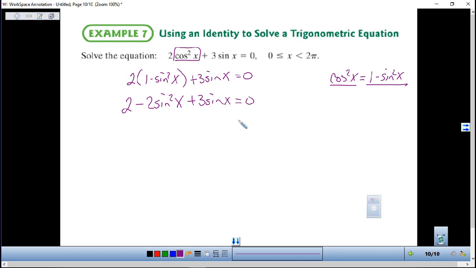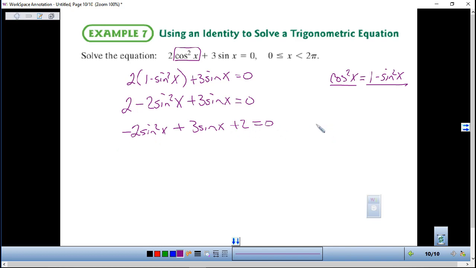So I can go back and treat this like a quadratic like we did before. I'm going to rearrange everything and bring the sine squared out front. Negative 2 sine squared x plus 3 sine x plus 2 equals 0.